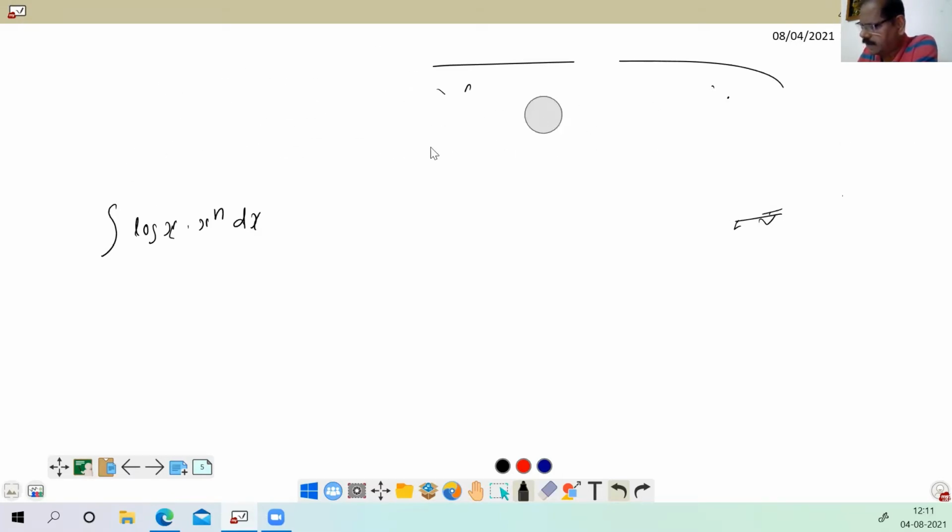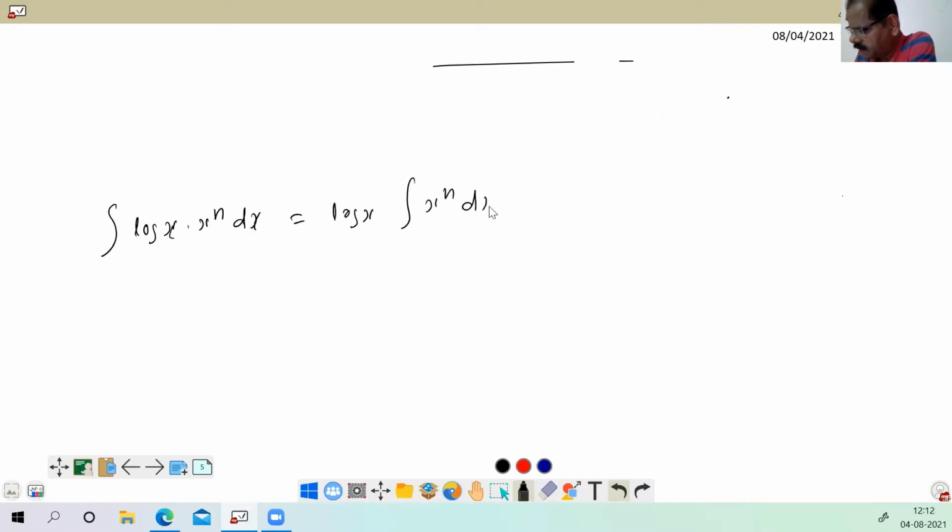So using integration by parts, this is first function into integral of second function minus integral of derivative of first function, d by dx of log x, into integral of second function dx, all into dx.